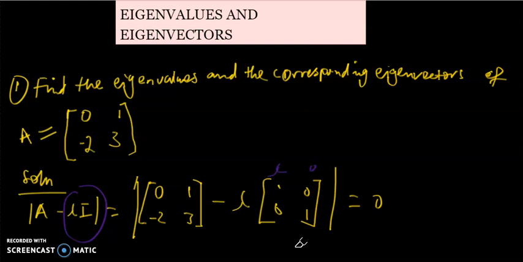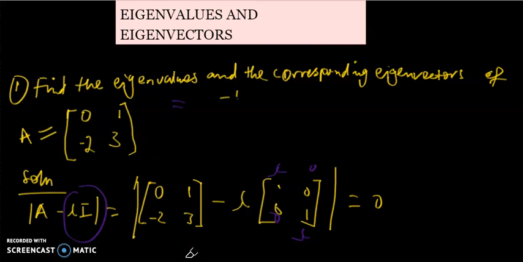Lambda multiplied by 0 will be 0, and lambda multiplied by 1 will simply be lambda. So this is what we are going to have here. So it will therefore mean that our matrix now, we simply take this to minus lambda. So 0 minus lambda, we will simply have minus lambda.